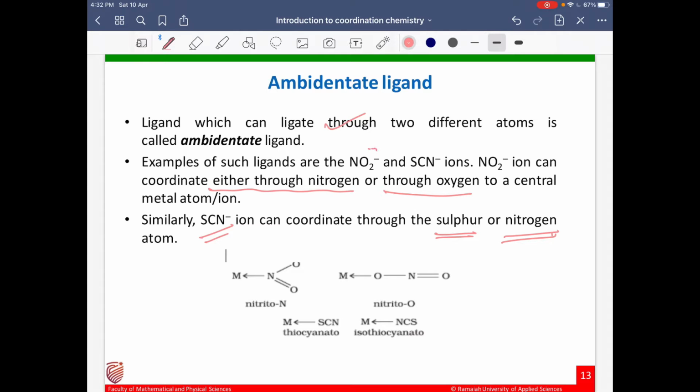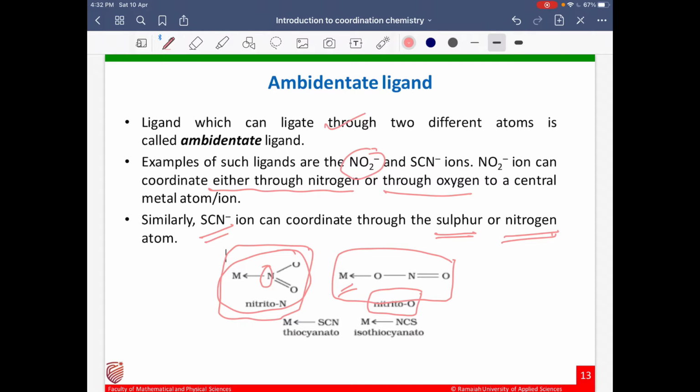For example, for NO2-, if the bonding is happening through the nitrogen atom, then we call that ligand nitrito-N. If the oxygen atom is involved in the bonding with the central metal atom or ion, then we call this ligand nitrito-O, because it bonds through oxygen.